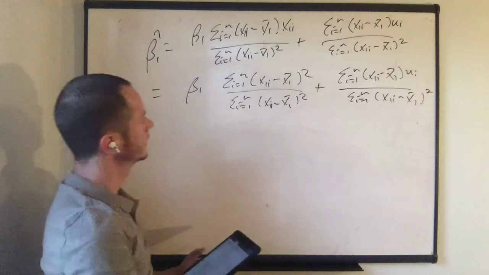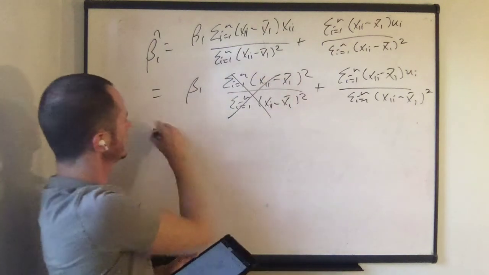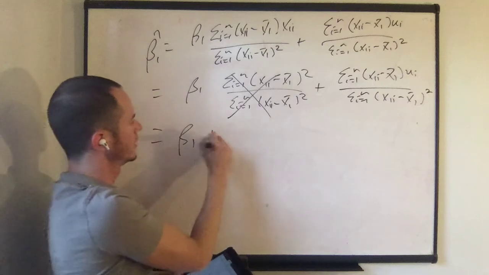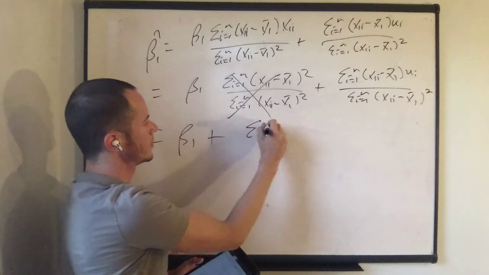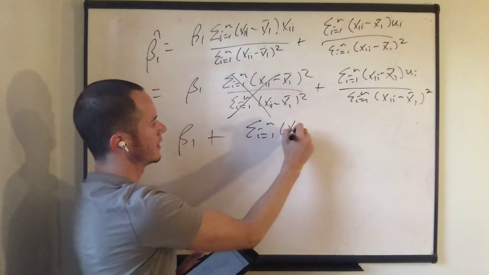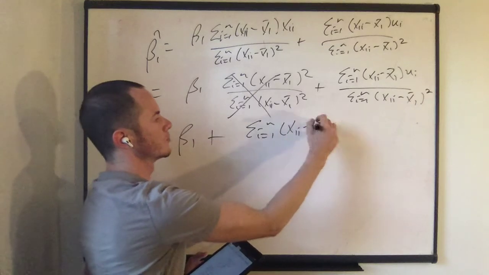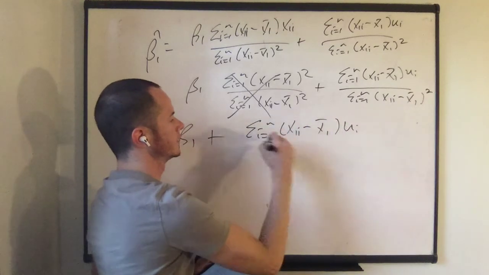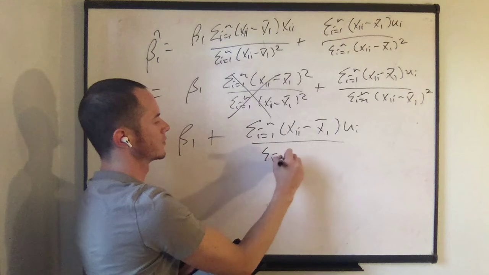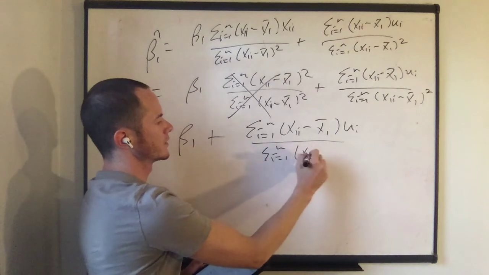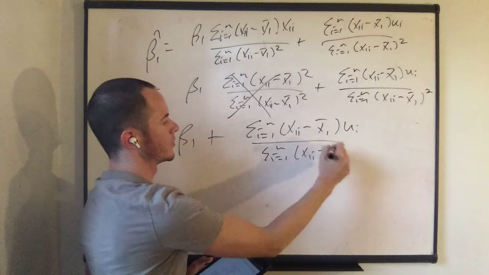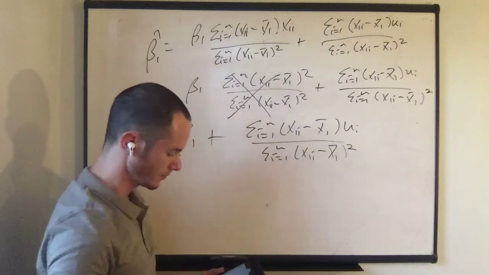Very good. That is equal to 1. That's equal to beta 1 plus the sum from i equals 1 to n of (x1i minus x1 bar) ui, all over the sum from i equals 1 to n of (x1i minus x1 bar) squared.